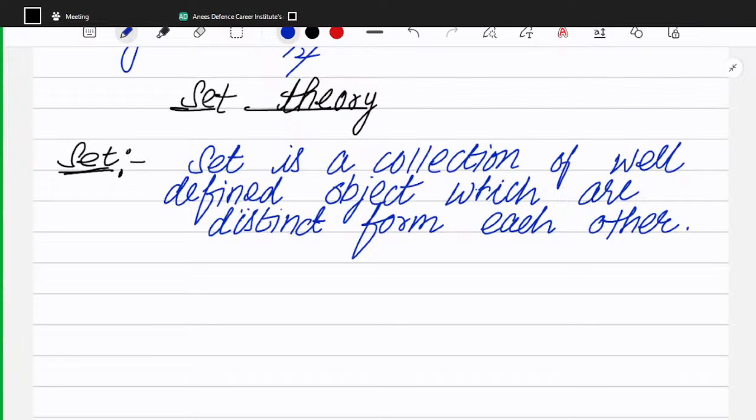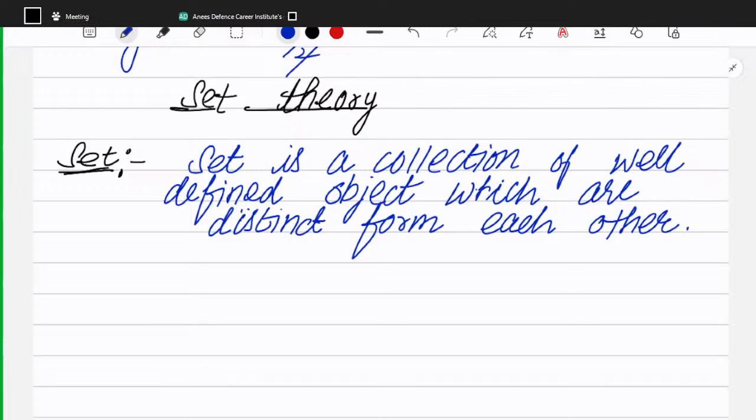Set is a collection of well-defined objects. Well-defined means if you say that the talented students stand up in the class, here we have not defined in which field.